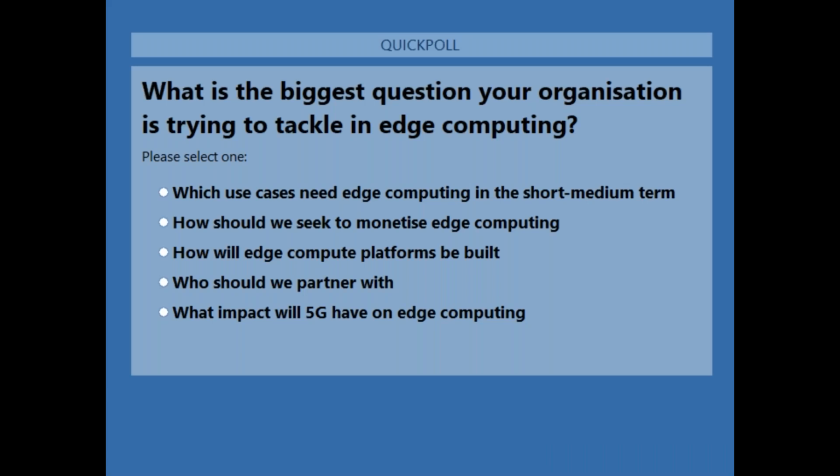Where's the money? How do we monetize this? How do we need to build edge? What are the platforms? Who do we partner with? And then there's a lot of folks who are trying to figure out what the impact will be of edge computing on 5G and vice versa. So if you would like to just select your response, and we will quickly close the poll and see the results.